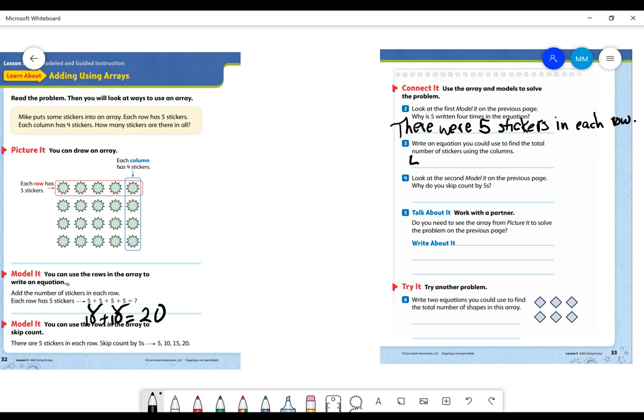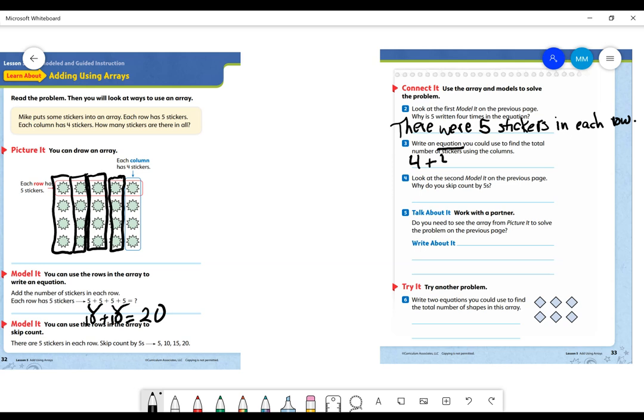There's 4 in the first one. Now remember, I'm writing an equation. I am adding repeated addition. So I'm going to put boxes around my columns. And we know how many have to be in each column? The same number. So there are 4 in each column, and there's 1, 2, 3, 4, 5 columns.